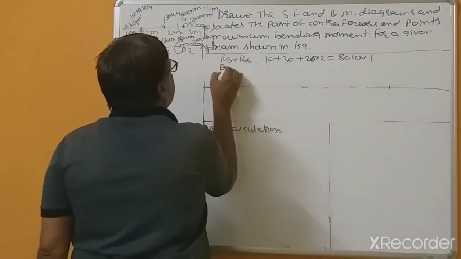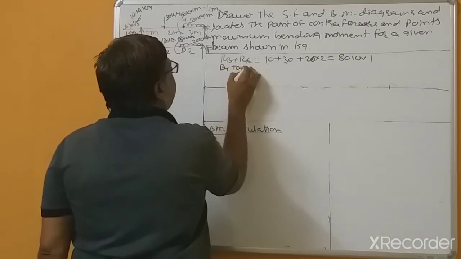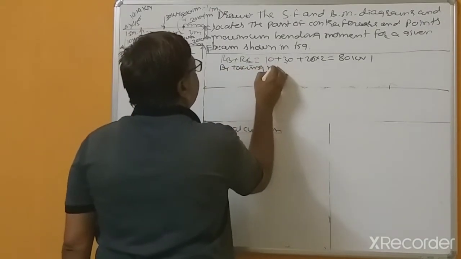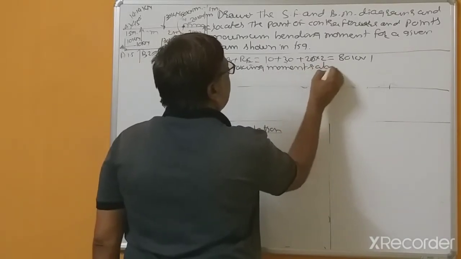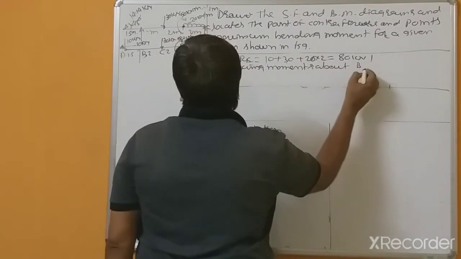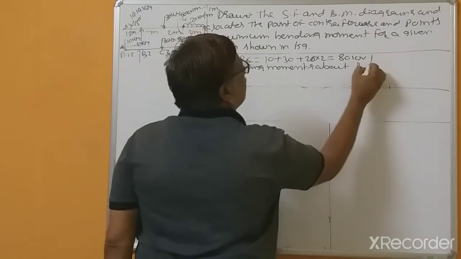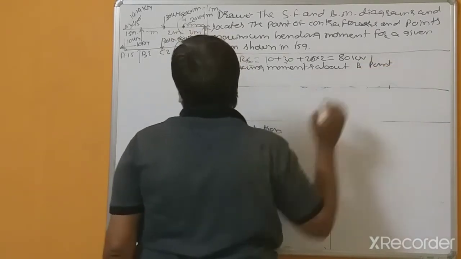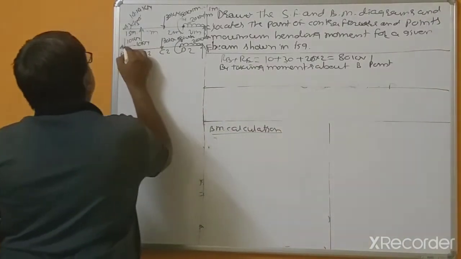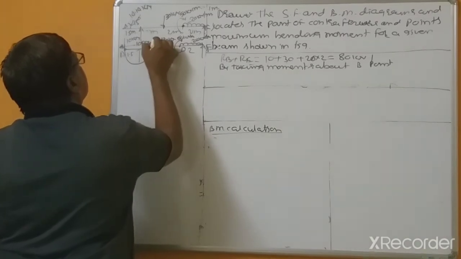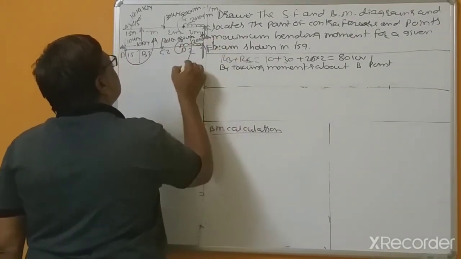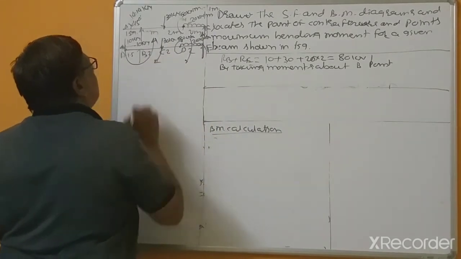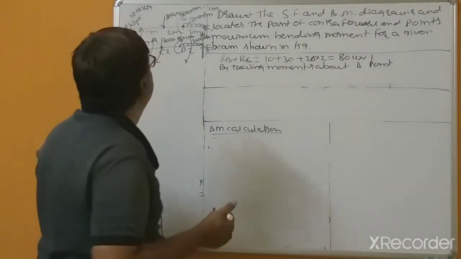Now by taking moments about B point, this moment is anti-clockwise, this is anti-clockwise, this is clockwise, and this is clockwise. So 2 anti-clockwise and 2 clockwise.